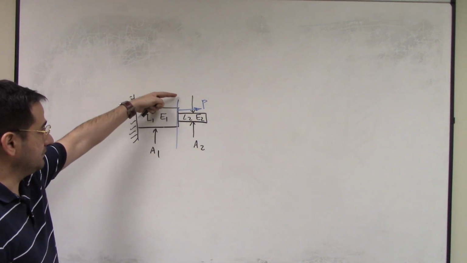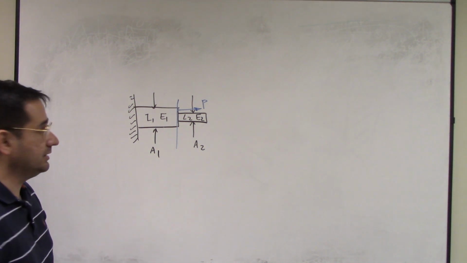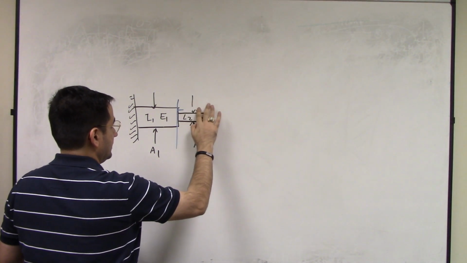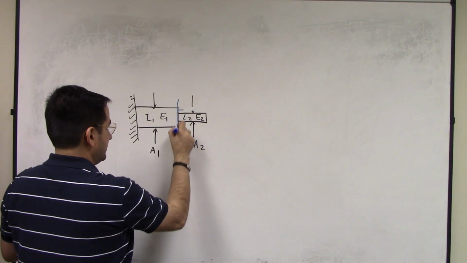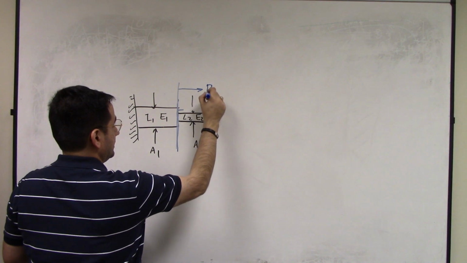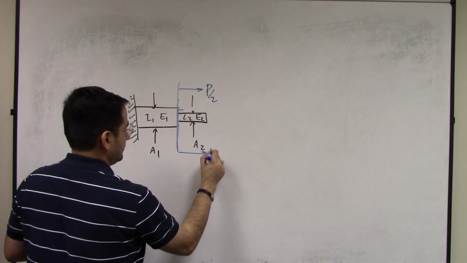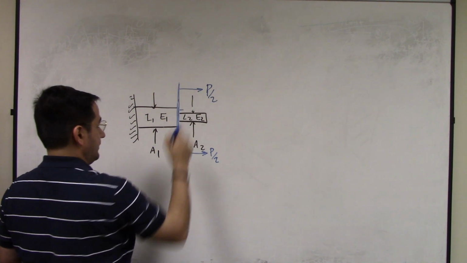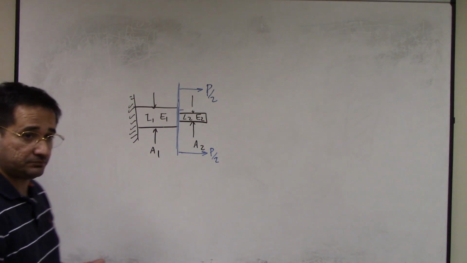So you have a rigid plate, and in order to keep the symmetry, you apply P over 2 here and P over 2 here. This is a rigid plate.